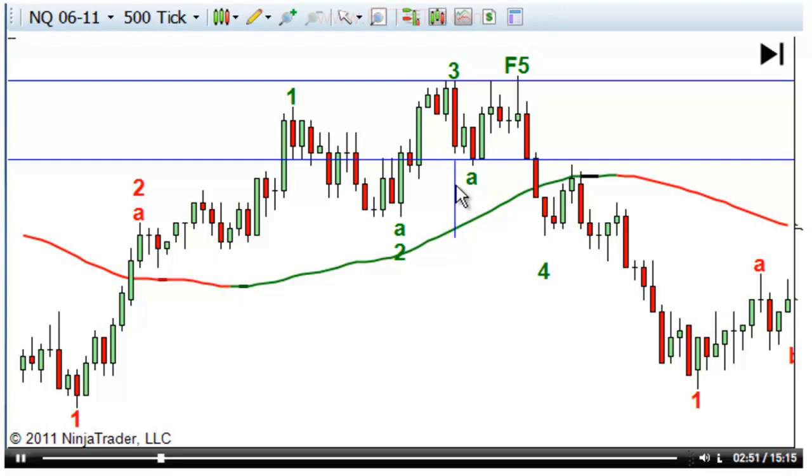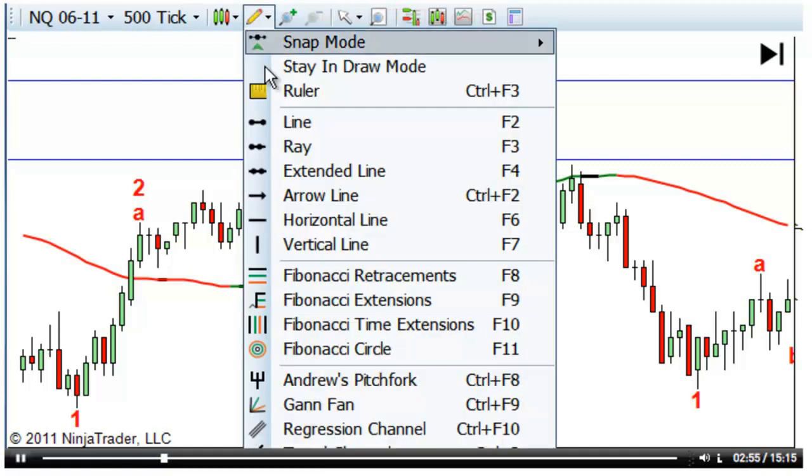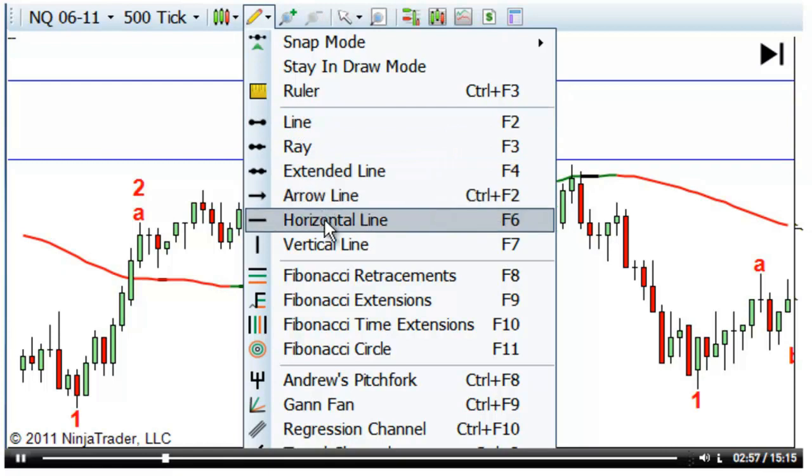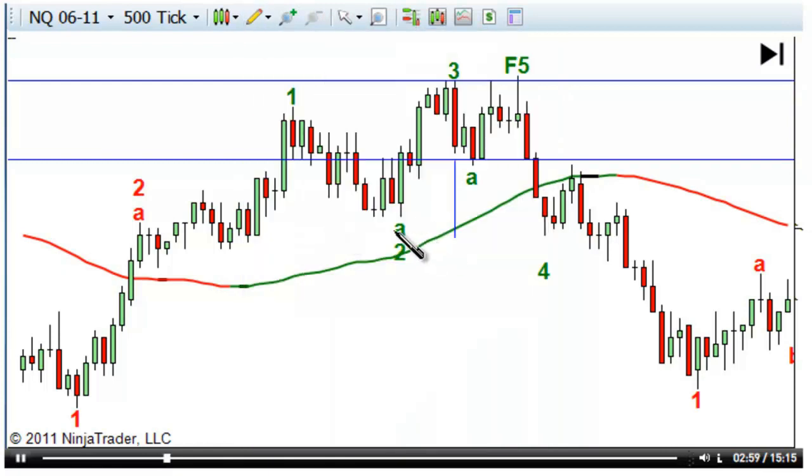I think I got a little extra space there. That's all right, it's close enough. Again, all this stuff is approximation. Then we're going to put our line there, and there you go. So that is called a measured move. Essentially, it's an equal distance from that low to that high, and that's where we expect the first target to be.